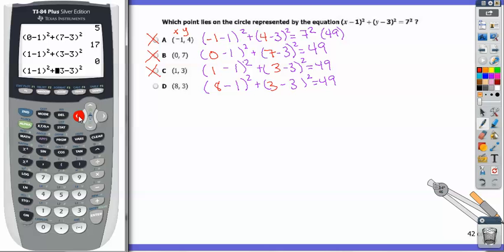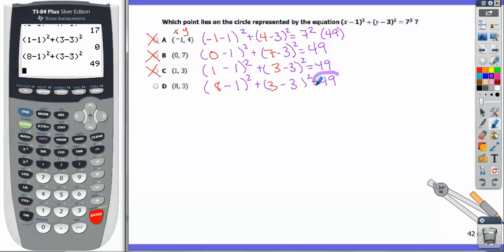Scoot over. My calculator runs a little slow sometimes. I'm going to type in an 8 and a 3, and let's see what we get. 49. That's what I was looking for. Yay, 49. Fourth time's a charm, right?